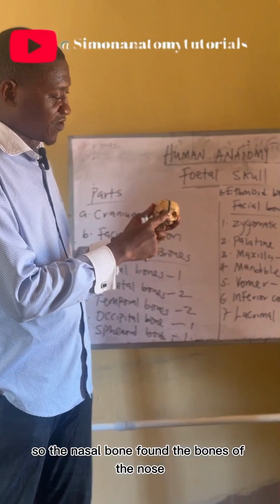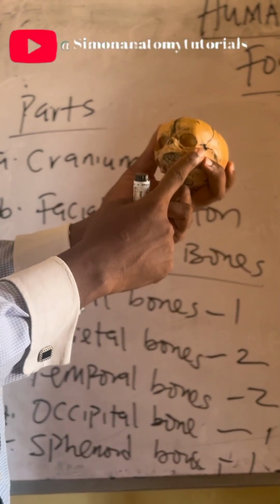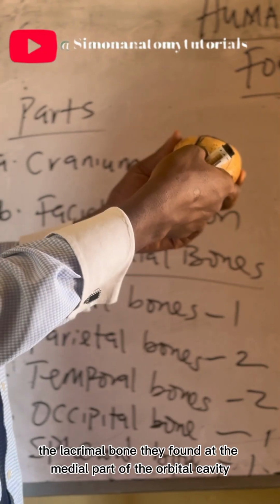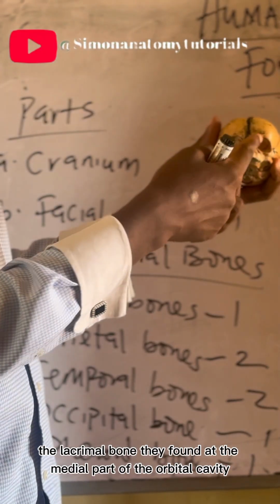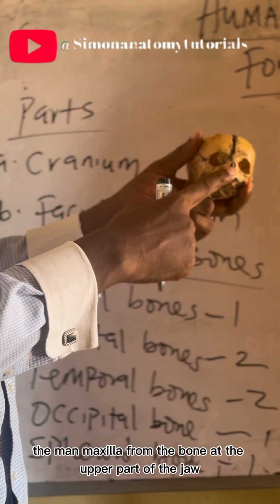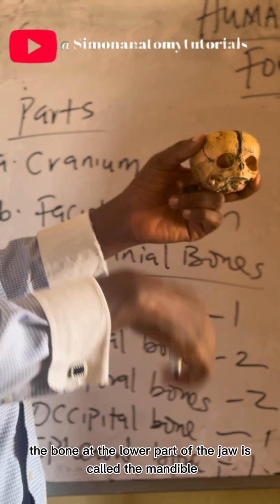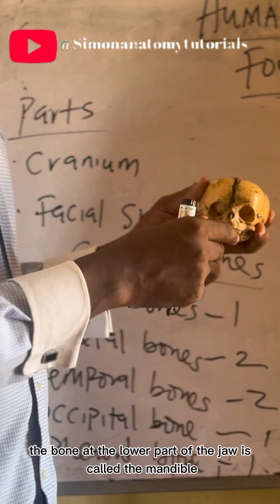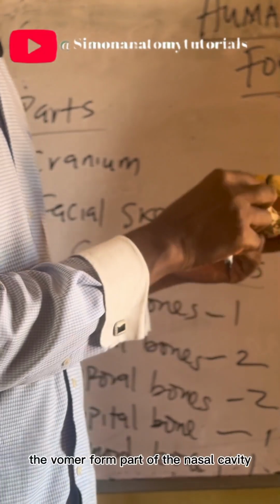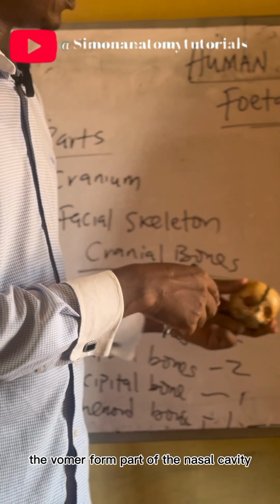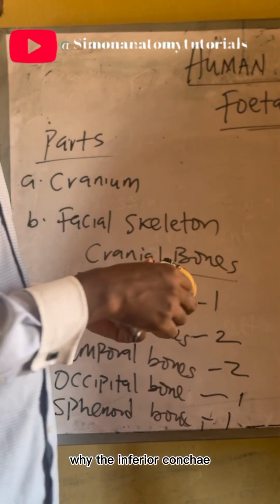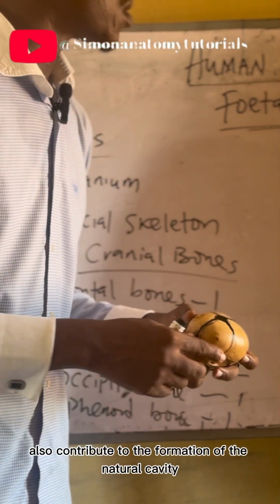The nasal bone forms the bones of the nose. The lacrimal bones form the medial part of the orbital cavity. The maxilla forms the bone at the upper part of the jaw. The bone at the lower part of the jaw is called the mandible.